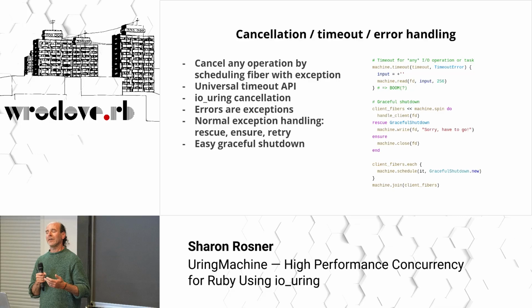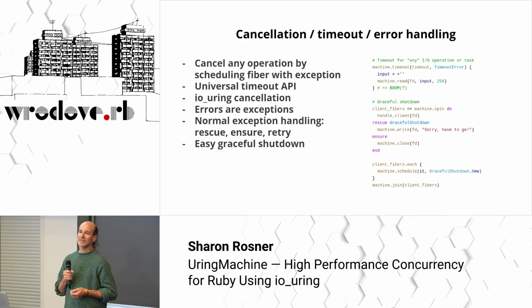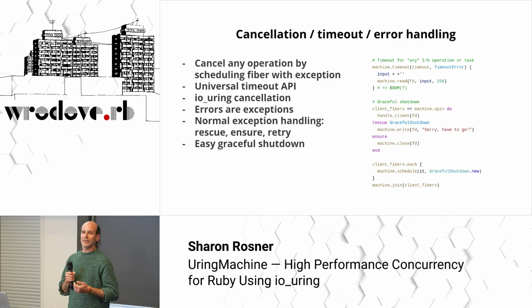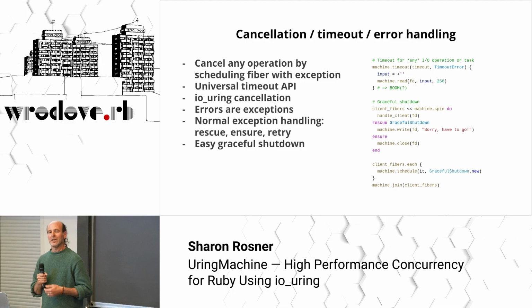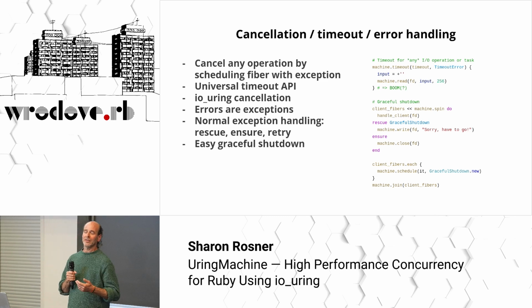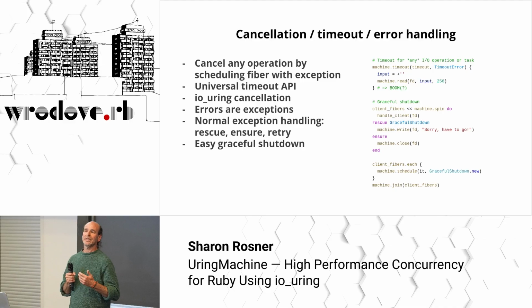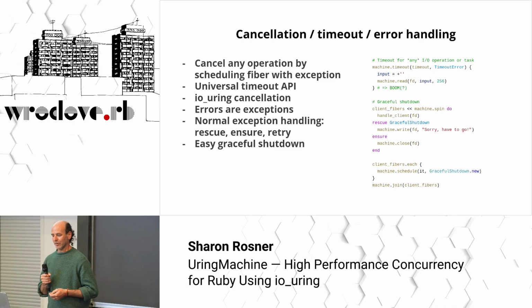When the fiber is finally resumed, it detects that the IO operation has not completed, it will cancel the IO operation at the level of IO-Uring, and it will finally raise the exception that was scheduled with the fiber. There's also a universal mechanism for timeout, and since error handling follows the standard Ruby exception mechanisms, it is very easy to implement patterns such as graceful shutdown.